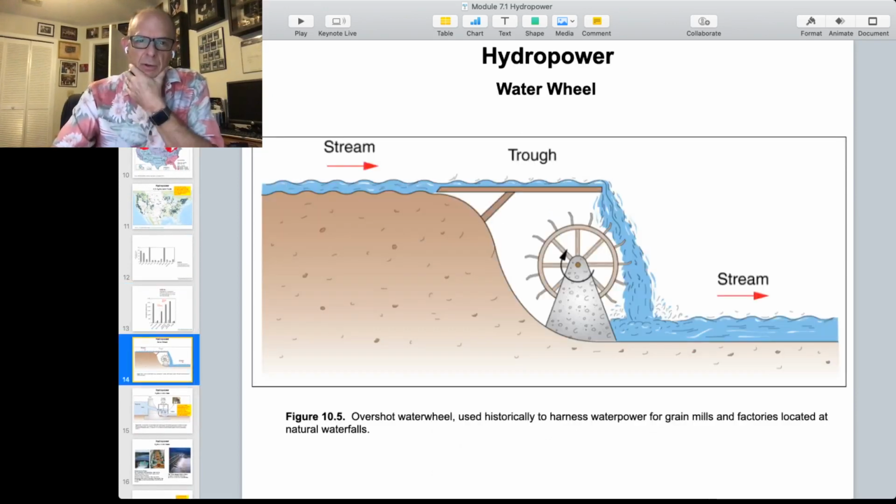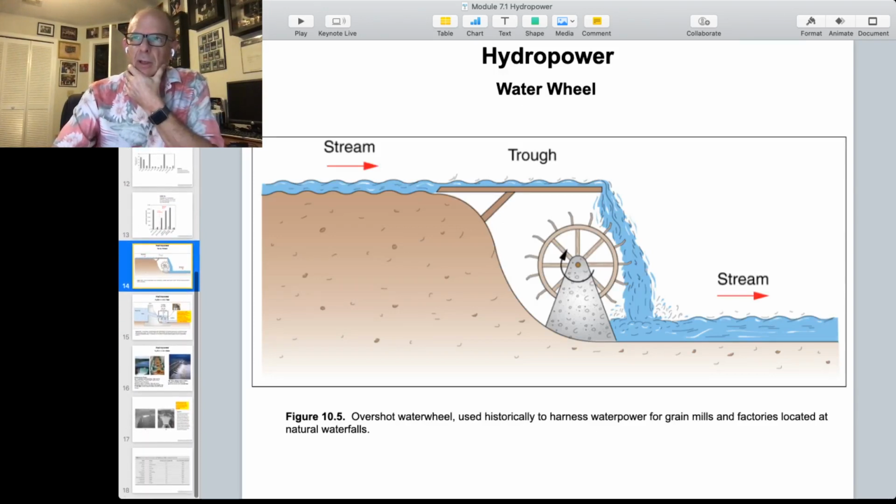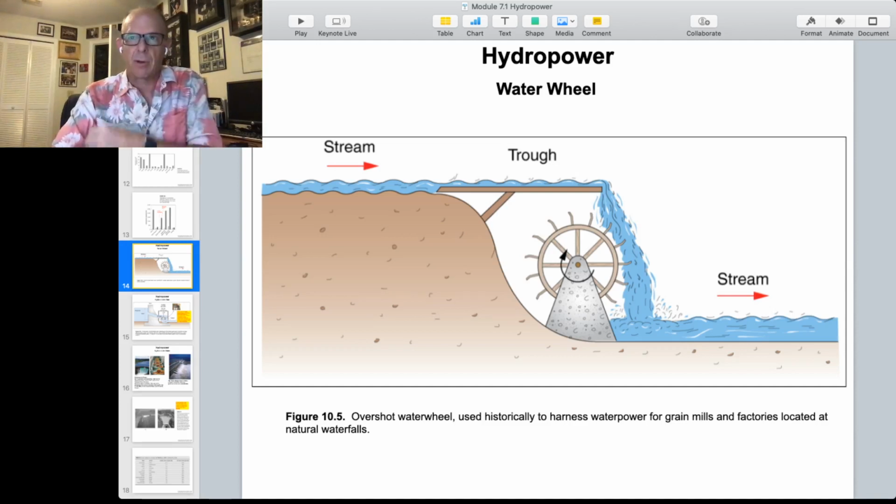So I already alluded to, before even thinking about electricity, you can convert that nice gravitational potential energy that this water has by virtue of being uphill from where it's going to go. That kinetic energy, I can convert some of it into the kinetic energy of a wheel. So this was used for factories and for grain mills.